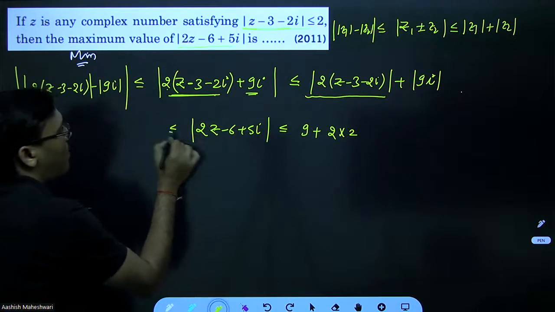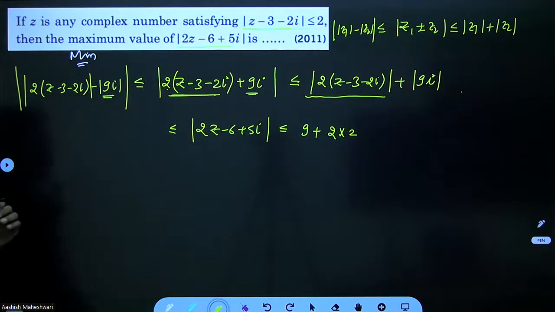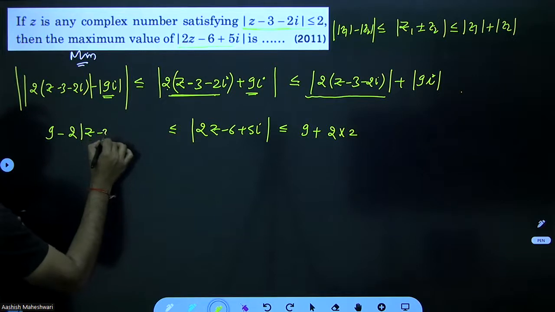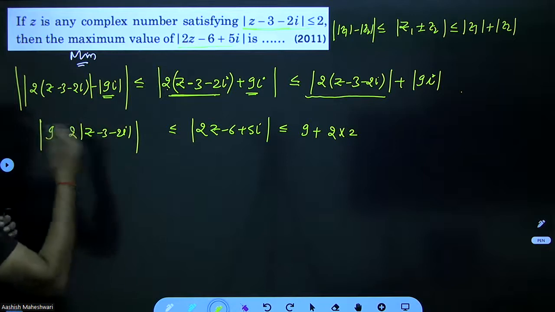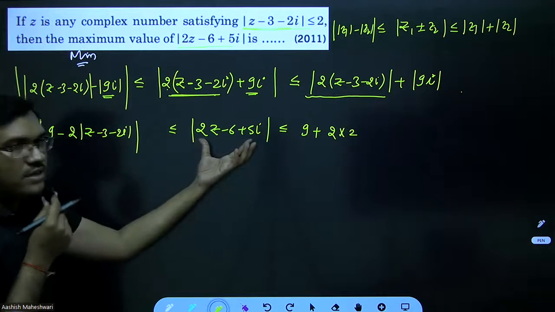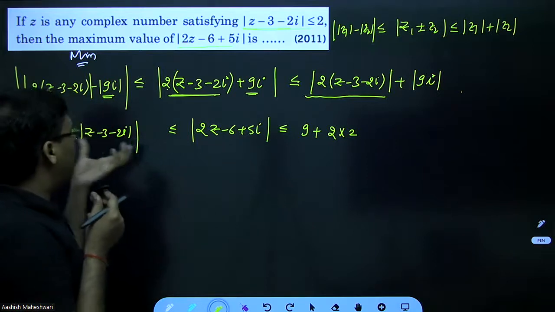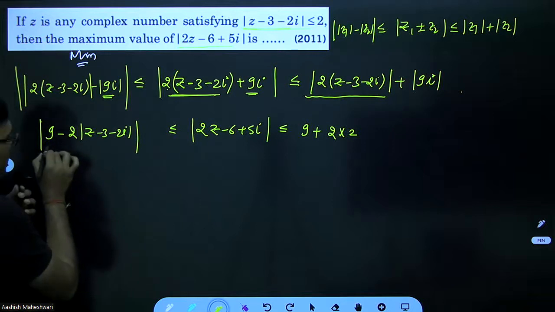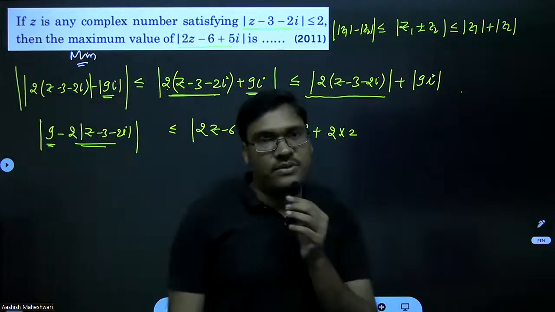Greater than or equal to, the modulus of 9 iota is 9, so this is 9 minus 2 times modulus of z minus 3 minus 2 iota. The modulus of a minus b is the same as b minus a, so I've just written it like this. Now if you have to find the minimum value of this expression, it will be minimum when this quantity is minimum.